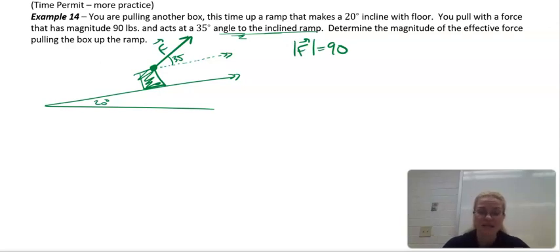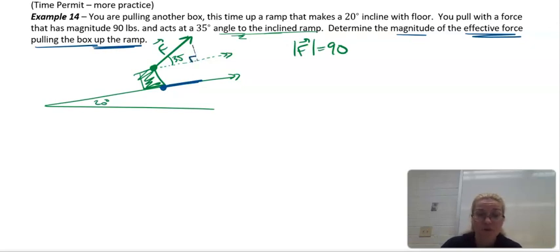Ooh, okay, so again, interesting. The magnitude of the effective force, not in the horizontal direction, but the effective force in pulling the box up the ramp. So in that case, it's actually asking how your box is moving, right? What force is effectively being used going up the ramp?